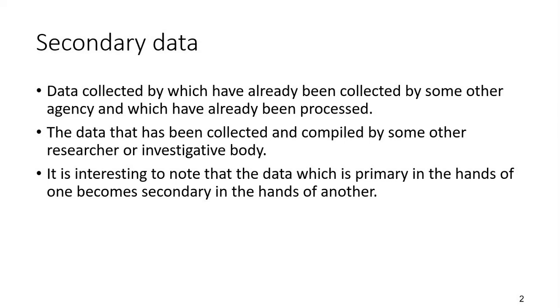For the initial researcher who has spent hours in the lab and got the data, these records are primary data. But for the person who is just quoting that data for his own research, not doing the work in the lab, that is secondary data. So as the user changes, the data may become primary to secondary and vice versa.